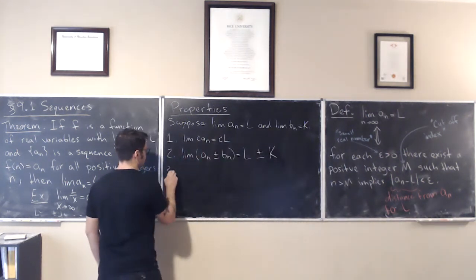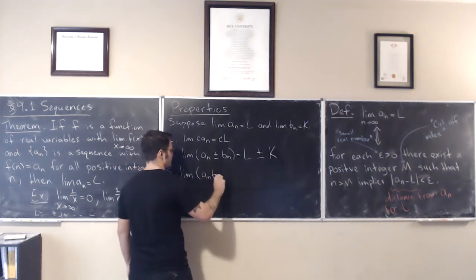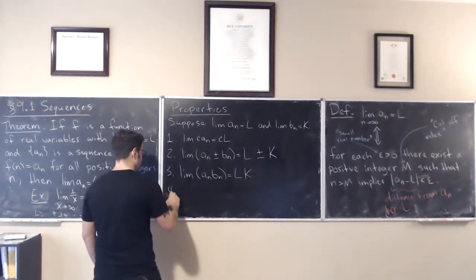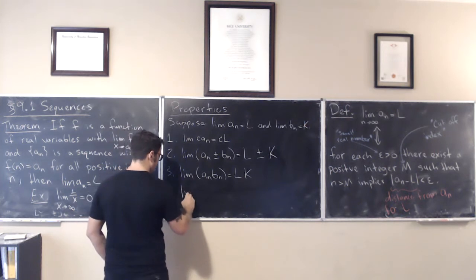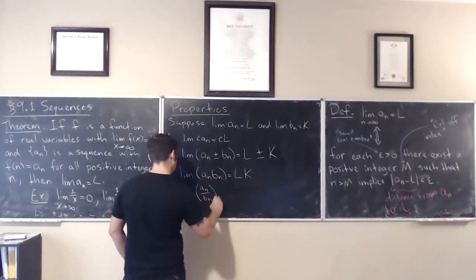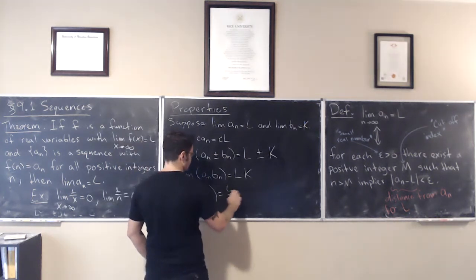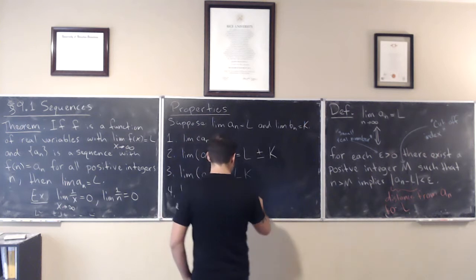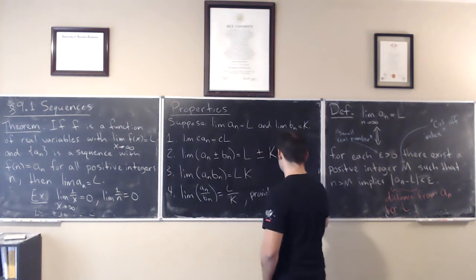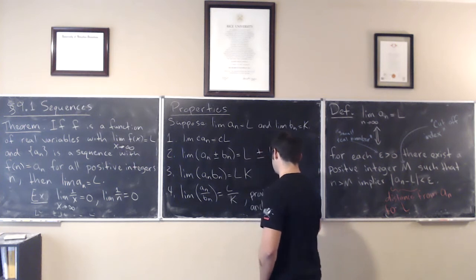Part 3, same thing for products. The limit of the product is the product of the limits. And part 4, again, the ratios. So the limit of the ratio of a sub n and b sub n is equal to the ratio of the limits, provided b sub n is never equal to 0 and k is non-zero.